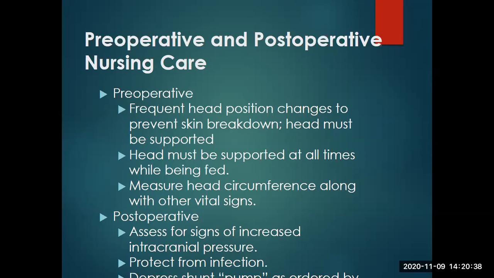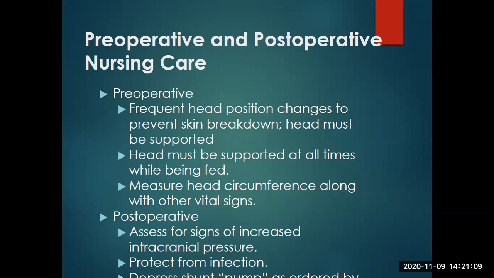And in regards to infection, bacterial infection is very life-threatening at this time. And if it is, sometimes the shunt may have to be removed. So you're going to be looking for signs of infection. That's going to include taking the patient's vital signs, observing their feeding, checking for vomiting, looking at the dilation of the pupil, any type of levels of consciousness.